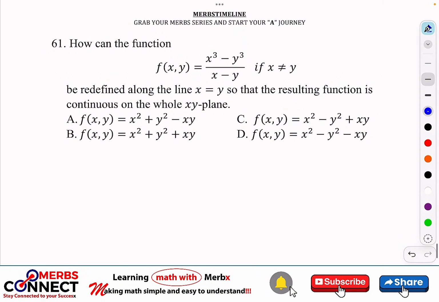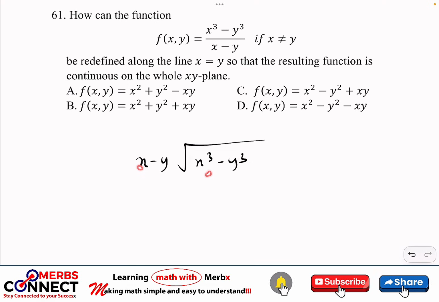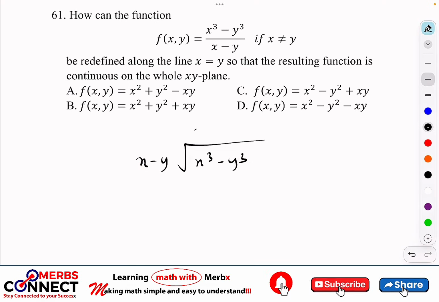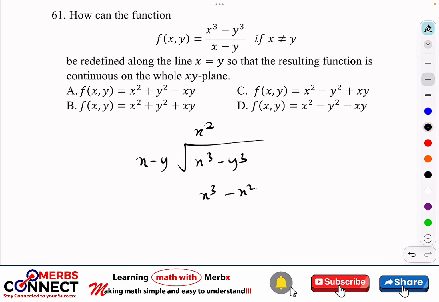Okay, let's do this. We're almost done. So this one, we want to redefine the function. So here, we need to use long division so that we can factor the top. So x cubed minus y cubed. x goes here, x squared. x squared times this is x cubed. x squared times this is minus x squared y.